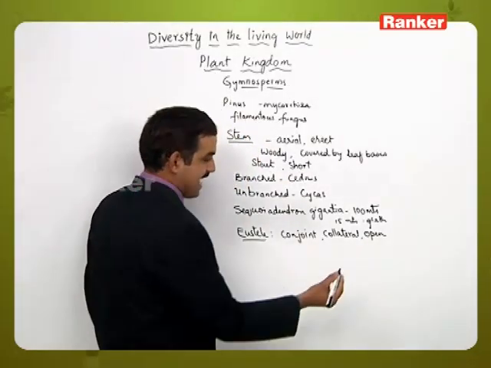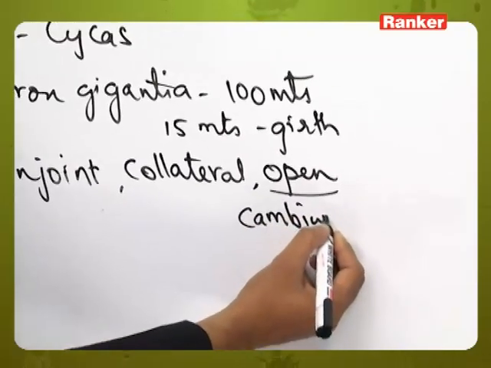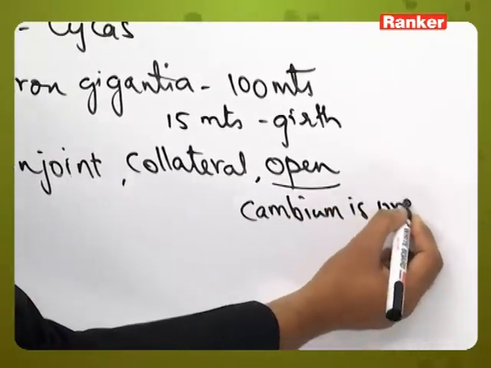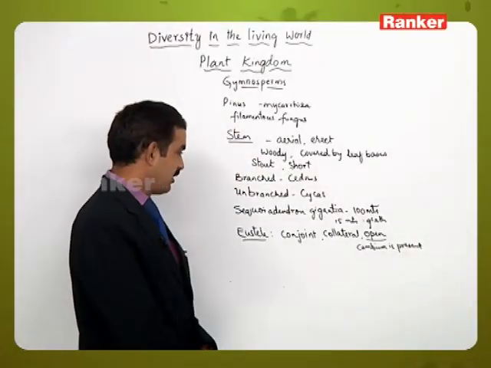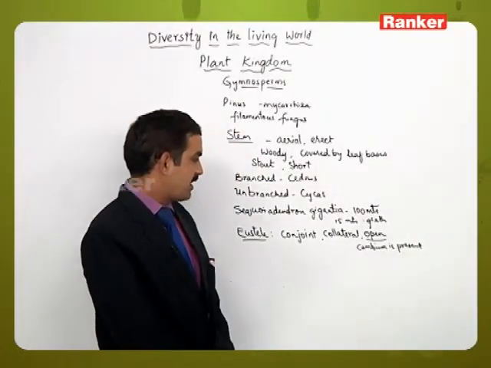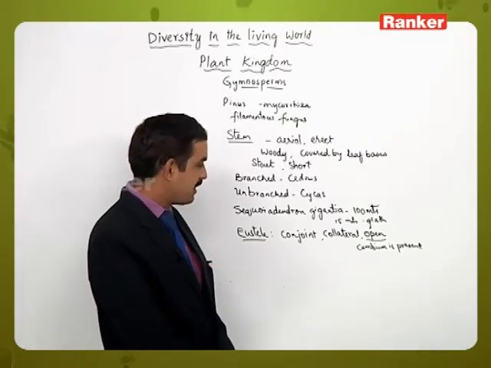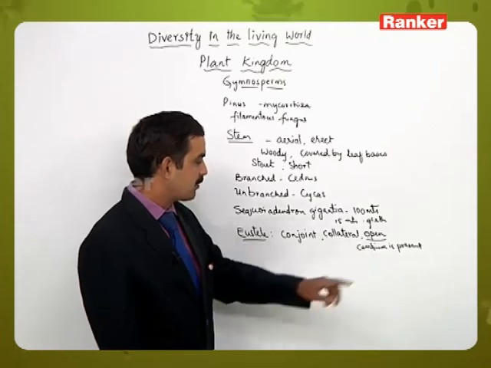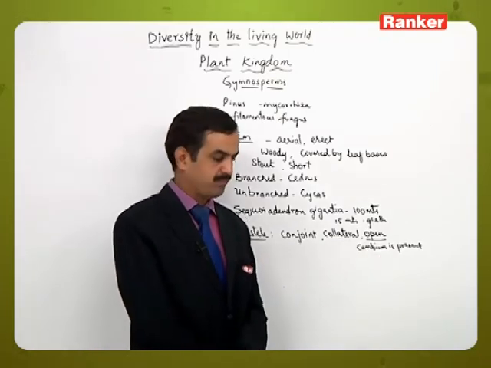As open type, that is, cambium is present between the xylem and the phloem. So here the vascular bundles are arranged in the form of a ring-like structure. So there is a possibility of secondary growth because of the presence of cambium inside them.